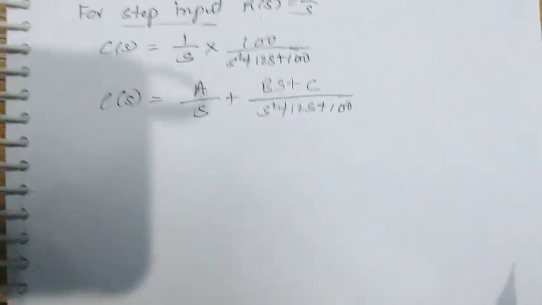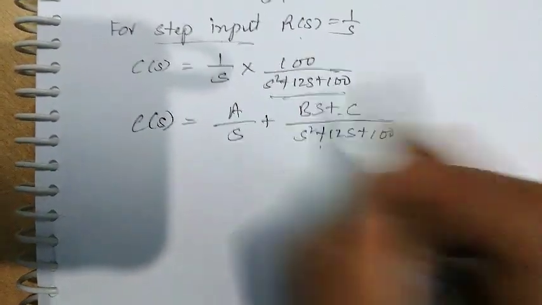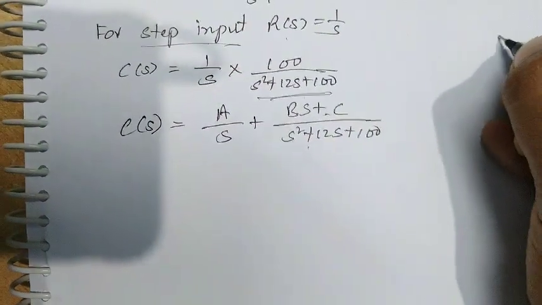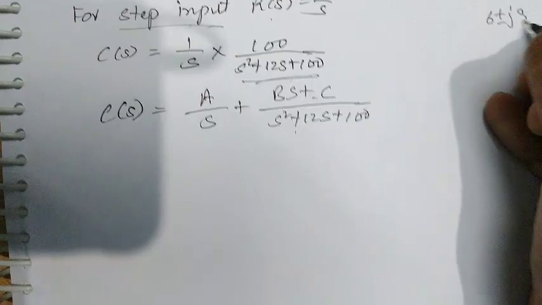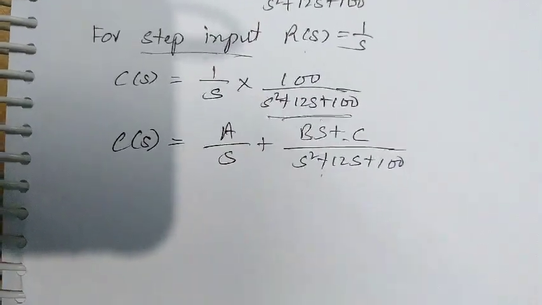This is the partial fractions. Why I take Bs plus C: if I find the roots of the denominator, I get minus 6 plus or minus j8. Since I'm getting complex conjugate roots, I take Bs plus C.